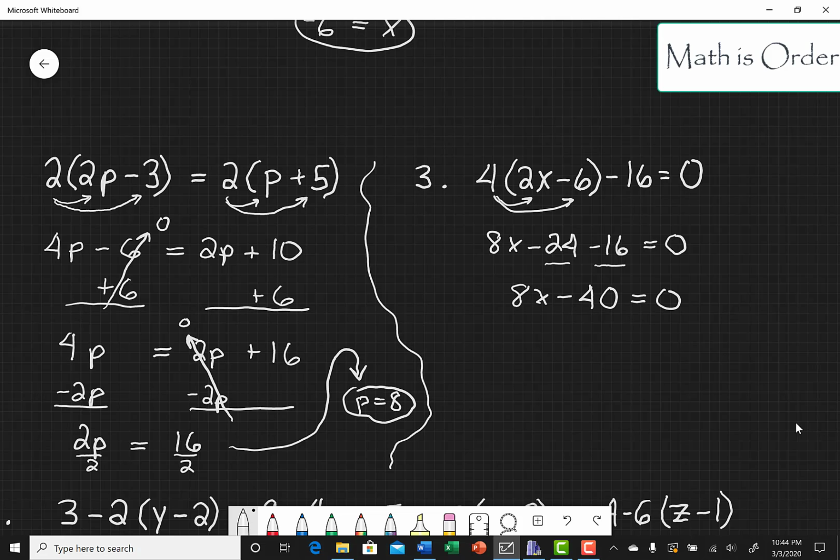All right, next the goal is to get x by itself. So how about adding 40 to both sides, right? Because we want the non-x terms on one side of the equal sign and the x terms on the opposite side of the equal sign. So I'm going to go ahead and add 40 to both sides of the equation.